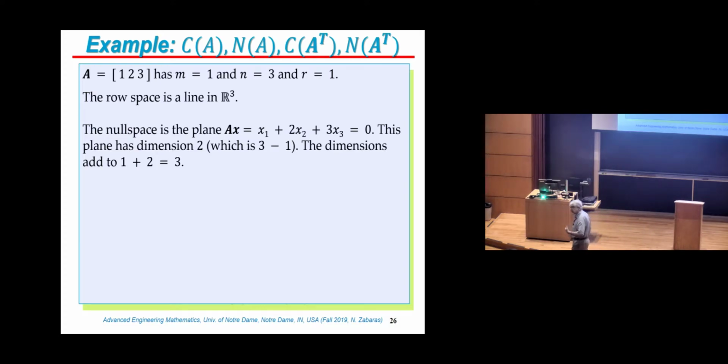In this case, because A is a row vector, that will be a scalar. So what is the dimension of the left null space? 0. And you expect this because the dimensionality of the left null space is m minus r. What is m? Equal to 1. r is equal to 1. So 1 minus 1 gives you 0.